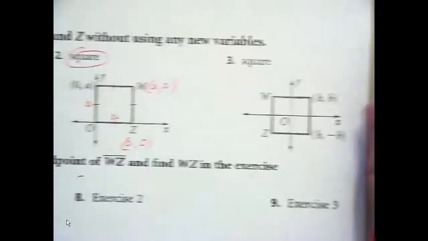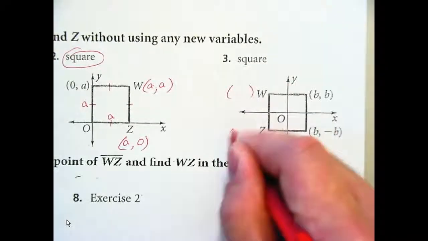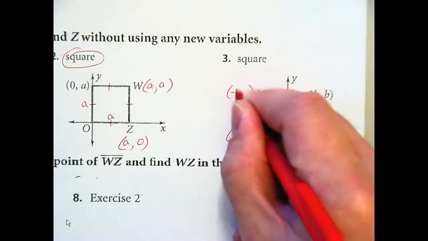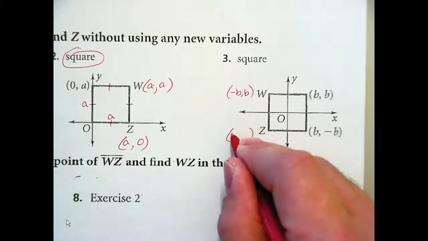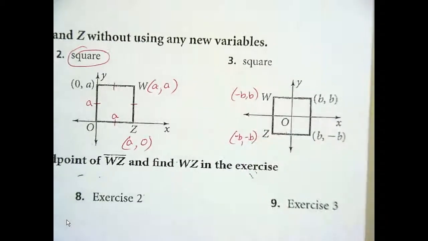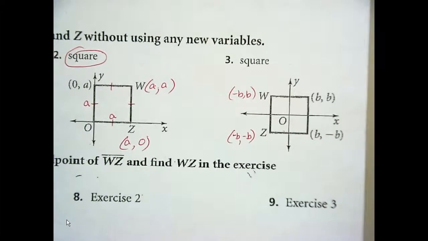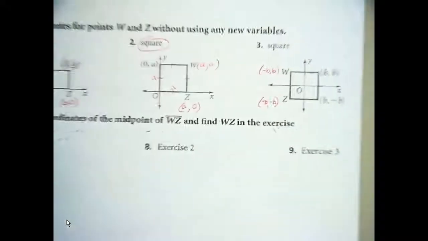Yeah, Jeremiah. Negative B, B, and negative B, negative B. Good. All right. Very good. Any questions? Okay, what I want you to do now is the bottom three.